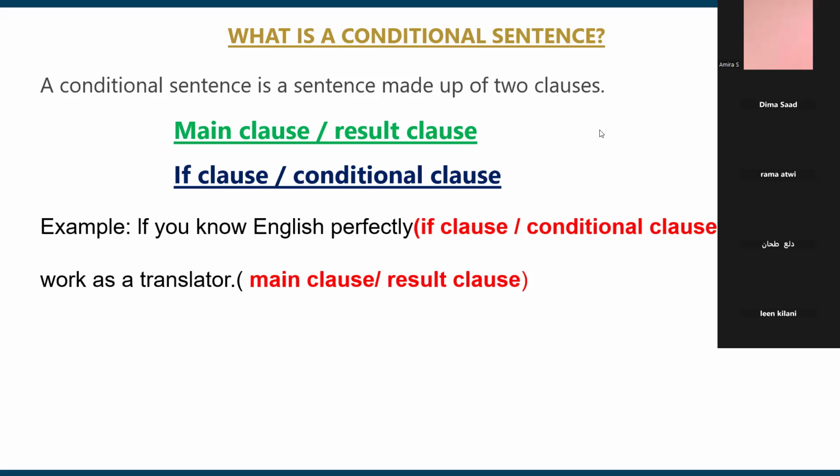Very quickly. Rimas, where are you? Yes, teacher. Can you give me a sentence while your friends are writing in the chat box? A conditional sentence that starts with if.